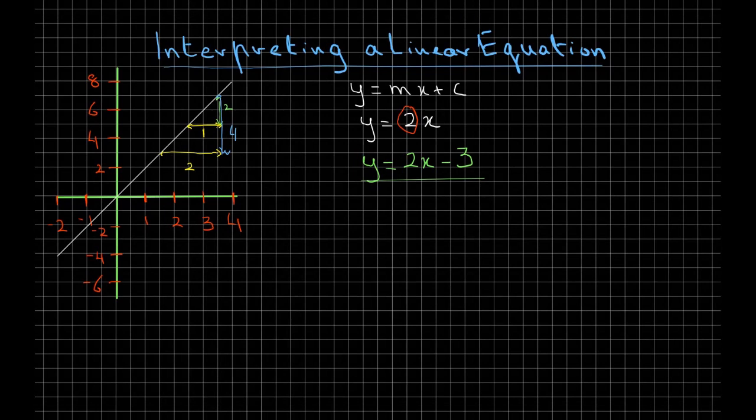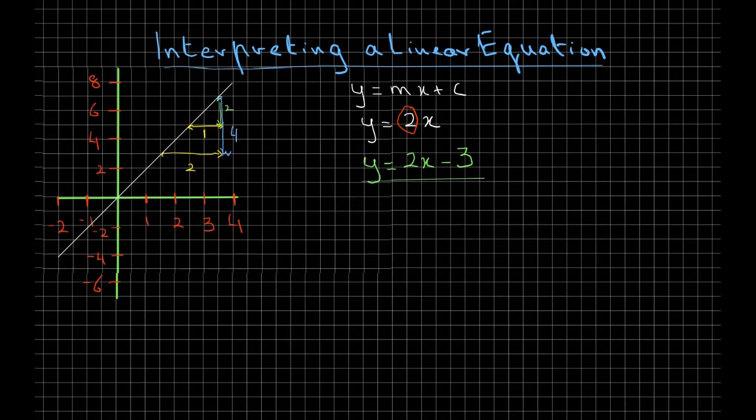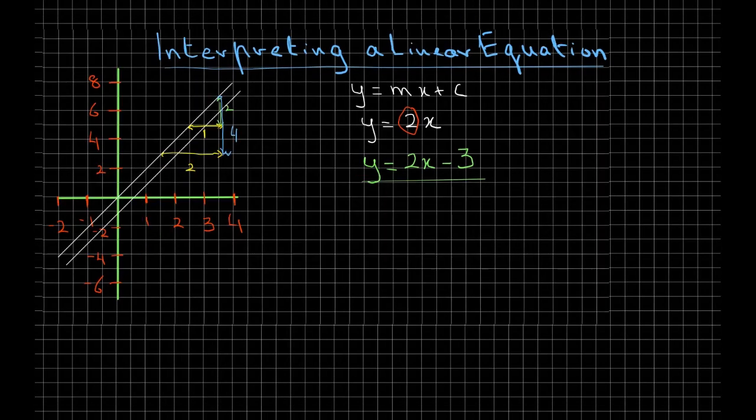Let me explain it. Let's first copy this line, and now move it down by 3 units. Now this is the line y is equal to 2x minus 3, whereas this was the line y is equal to 2x.